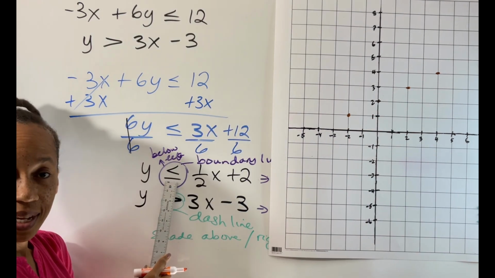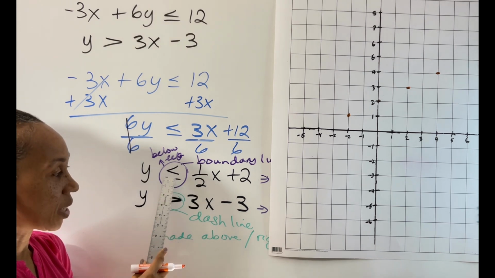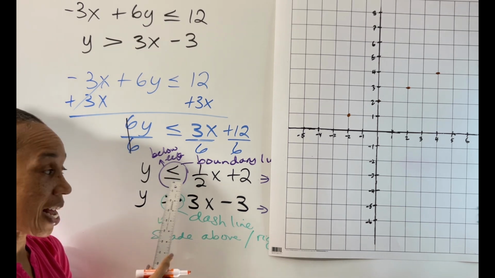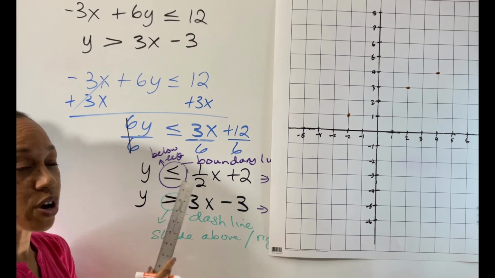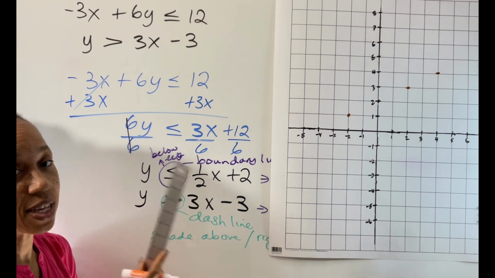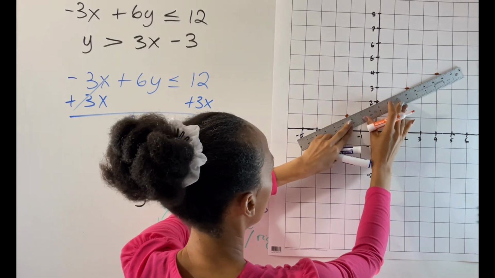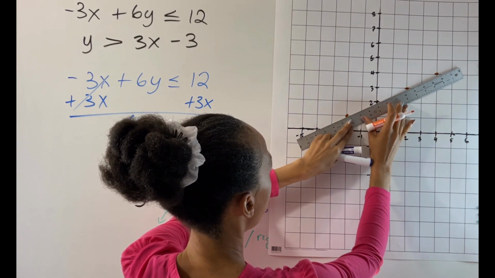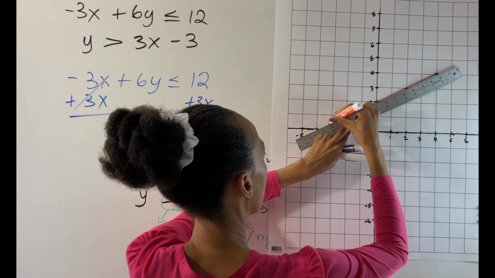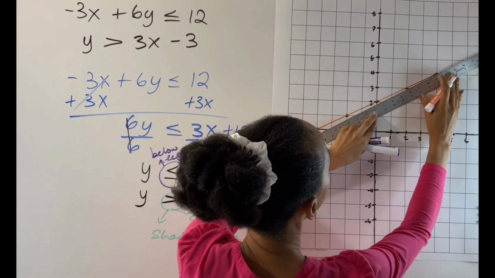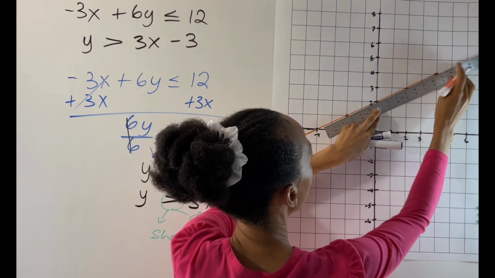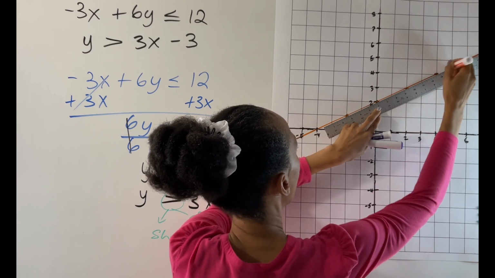Since the inequality symbol here has half of the equal sign underneath it, meaning it is less than or equal to, we are going to use a boundary line that is solid. We are not going to use a dashed line. So this has to be a solid boundary line. And I will tell you, go to the end of the grid line when you are doing so.